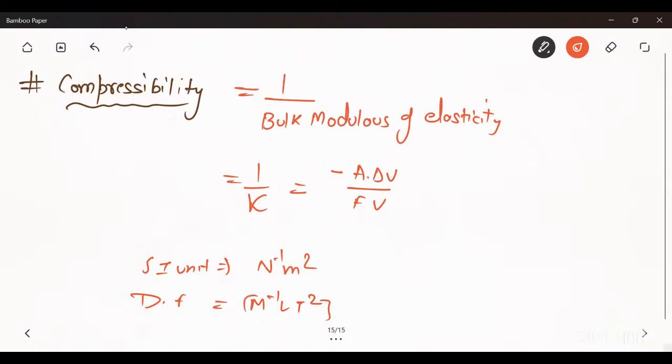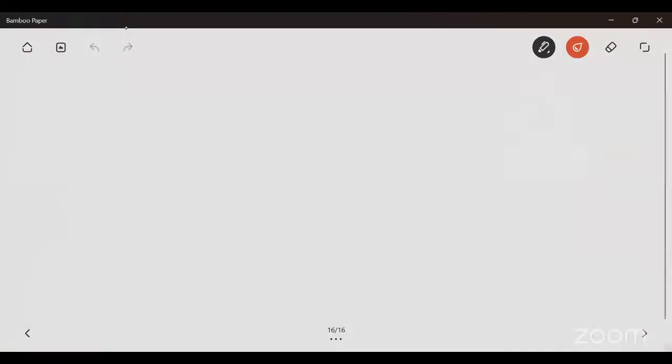So that is compressibility. Now the next topic is Poisson ratio.